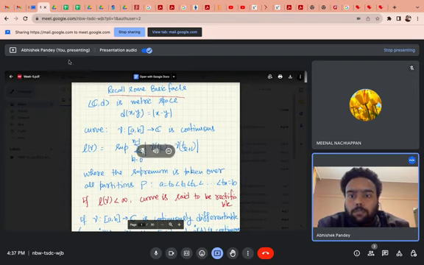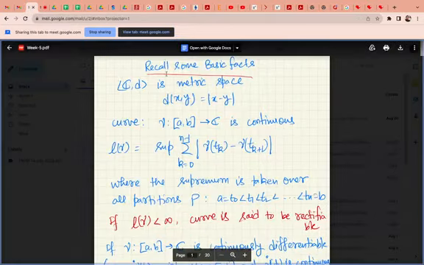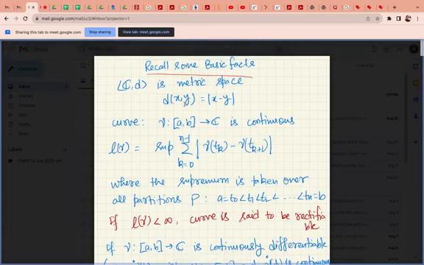Okay, so let us recall some basic facts. C with d is a metric space, the complex plane with the metric d of x comma y equals modulus of x minus y.